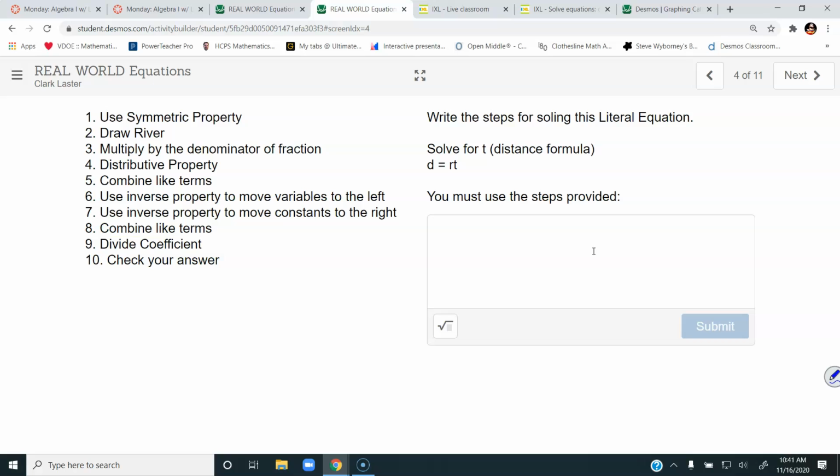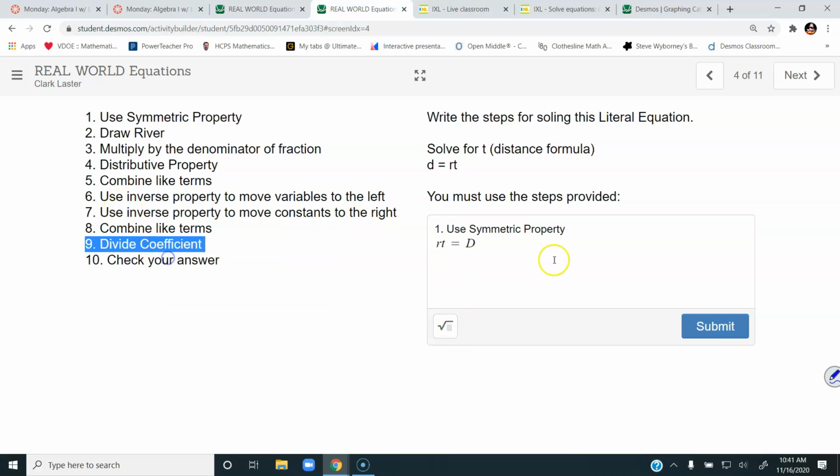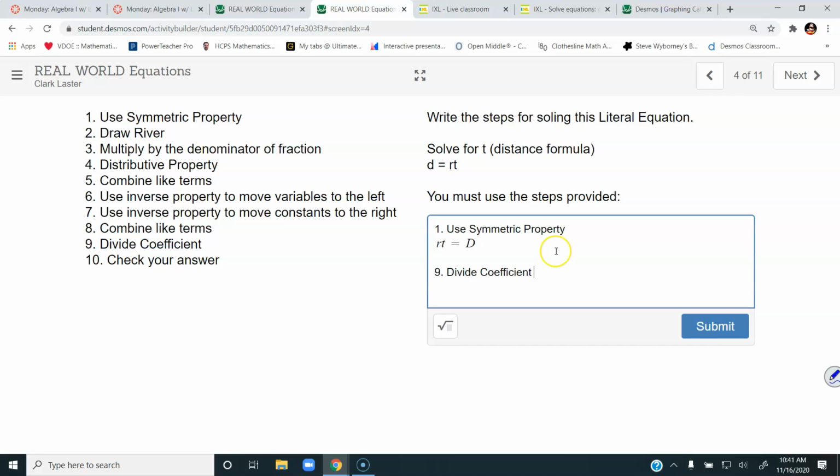So I'm going to do the exact same thing I did a second ago. I'm going to come over here. I'm going to say I want the t on the left side of the equation. So I'm going to use the symmetric property. And if I do that, then I simply have to switch the equation to RT equals D. All right. Then the second thing says divide by the coefficient.